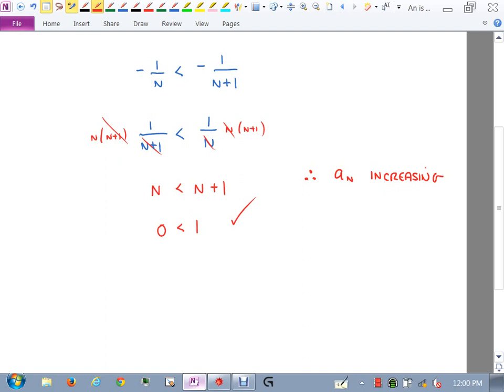Increasing means that each successive term of the sequence is bigger than the one before it. Decreasing means each successive term is smaller, or below it, if you look at it graphically. So we can't have that one that we had that was -1, right? That's not increasing, that's not decreasing. But that would be divergent, yeah.